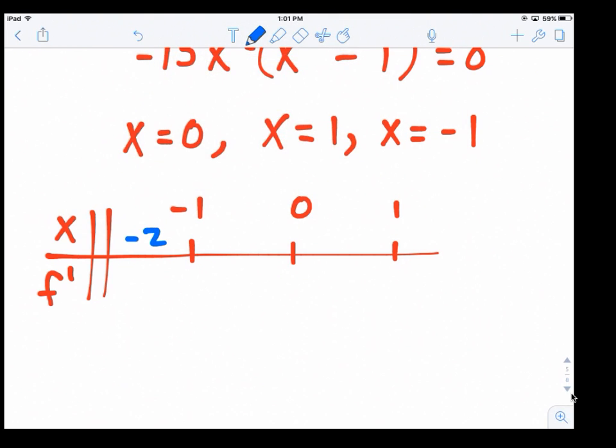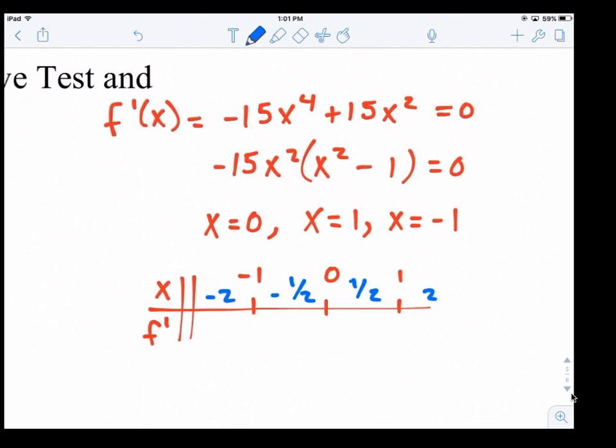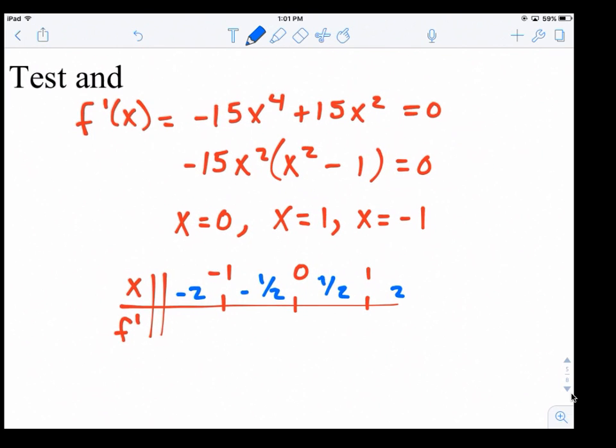So we got negative 2, negative a half, 1/2, and 2. If you plug in negative 2, what do you get? That would be negative and positive, so that's negative.